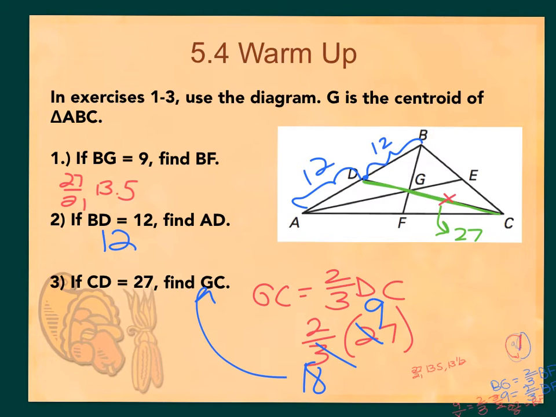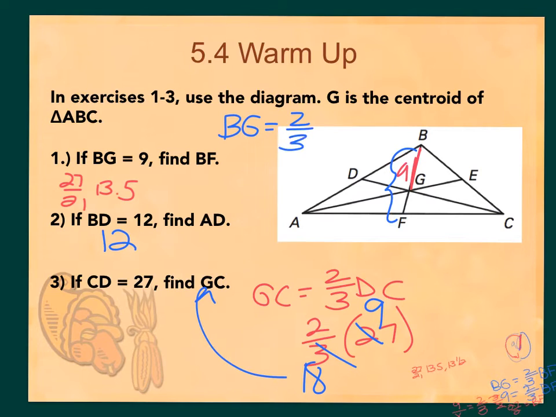Yes. Can you go over the first one? Yeah. Okay, so BG is here, 9, and it wants you to find BF. So the relationship between those is that BG is 2/3 the length of that whole segment, right?